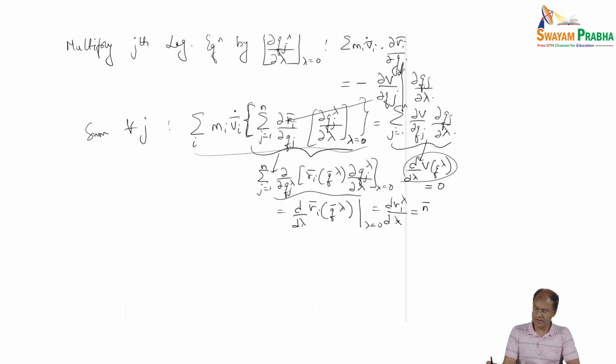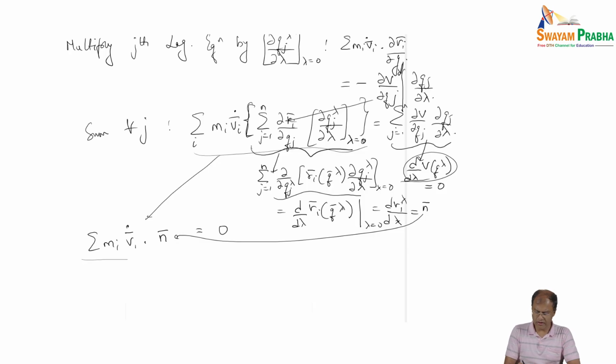The potential is unchanged. So finally, after utilizing all these simplifications, the expression we get is summation mivi dot with n, where n is the vector we have, on the right hand side equal to 0.